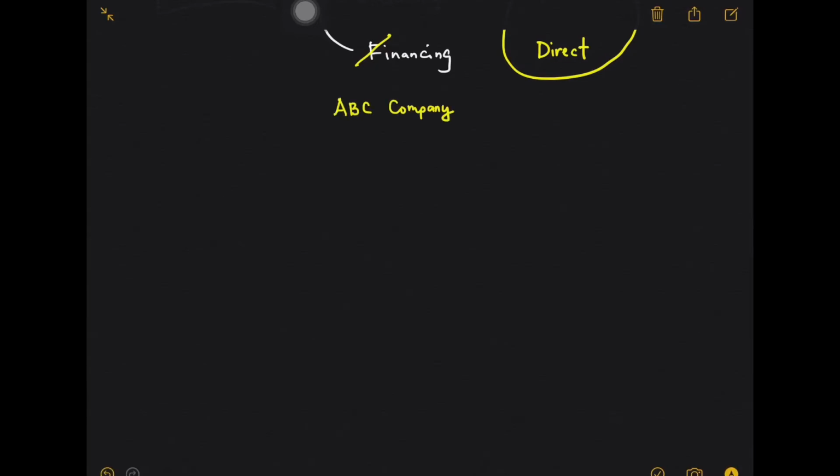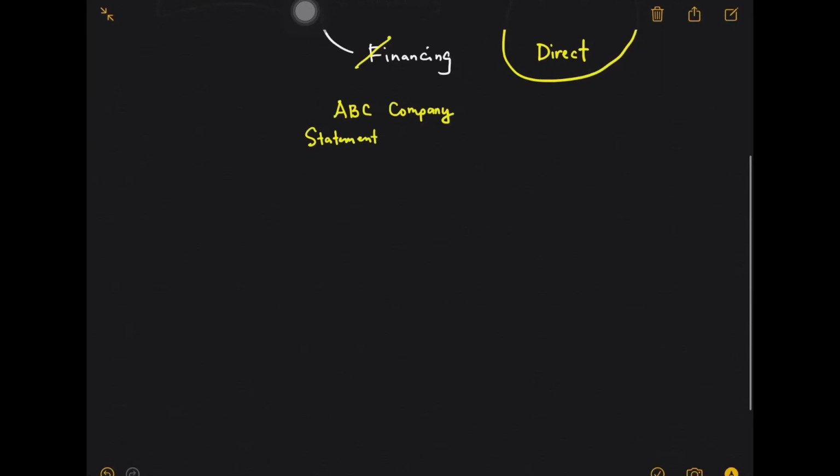After this, write the statement that you are preparing. So in this case, statement of cash flows. Then you will write the date covered. So assuming the company is using the calendar year, you will write for the year ended December 31, 2020.